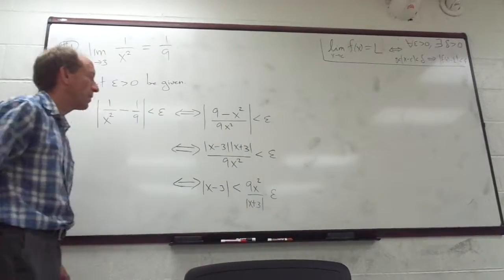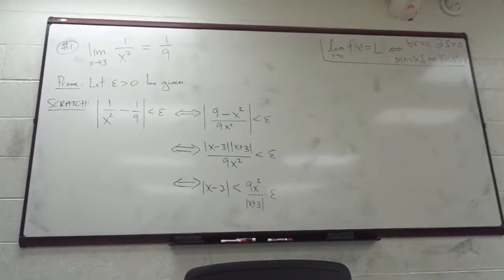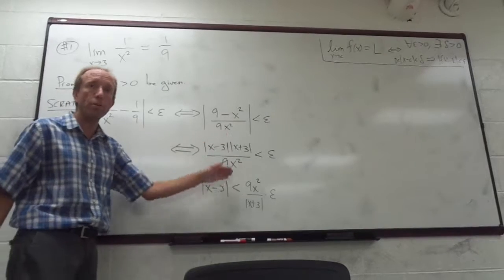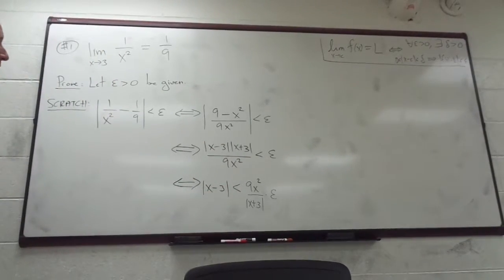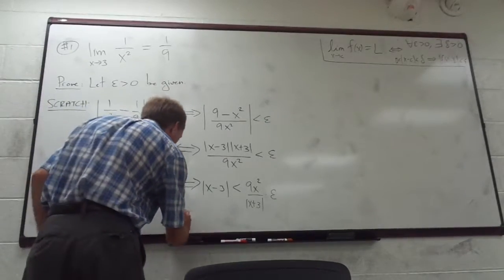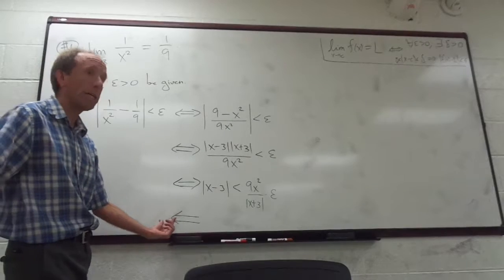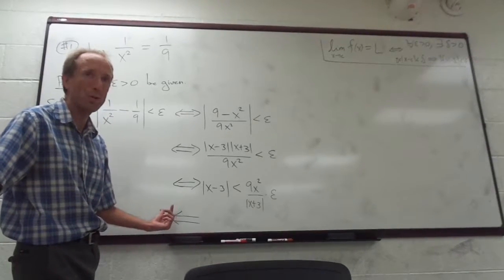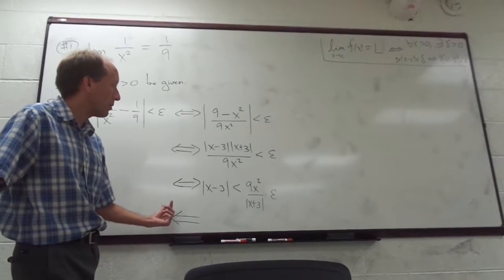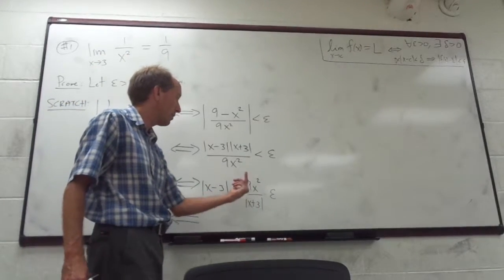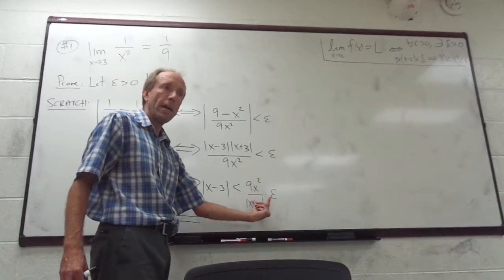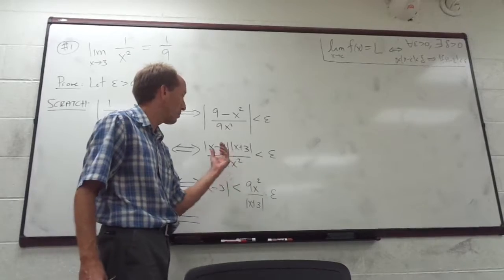So far every step we did here is reversible, okay? Now, what I'm going to suggest is a step that only works backwards. You remember that the steps always have to work backwards; they don't have to work forwards. And it will work backwards as long as I replace what's on the right-hand side with something that is smaller.